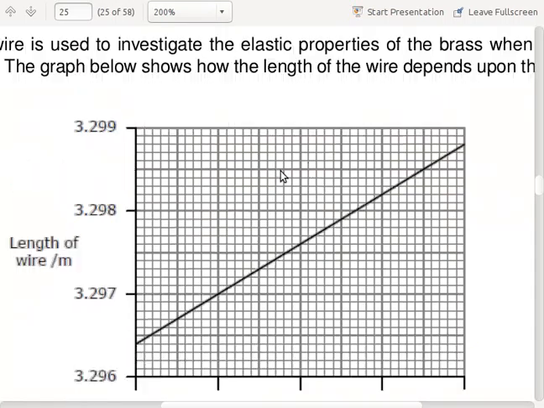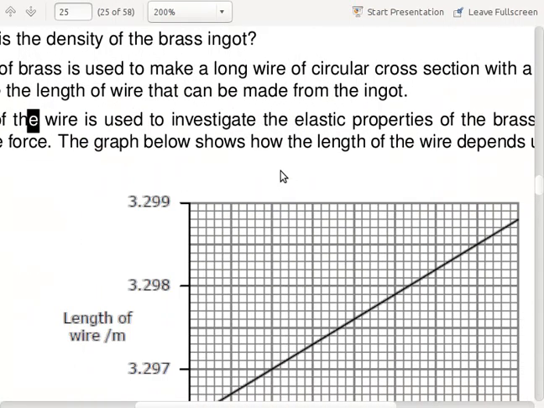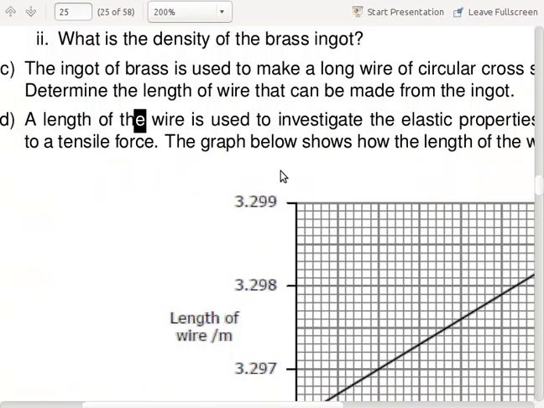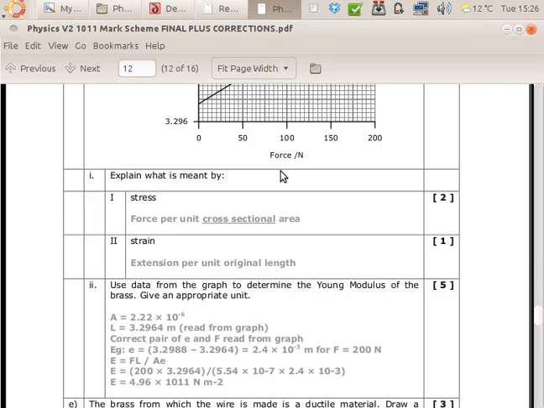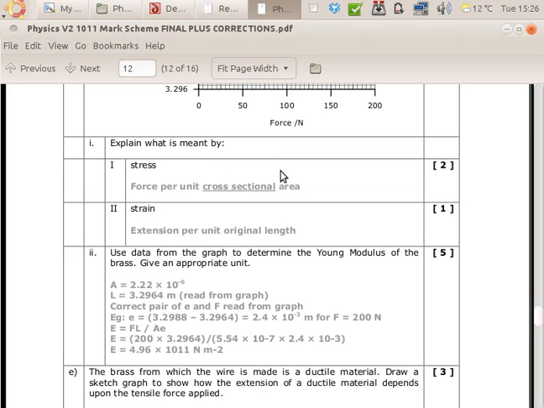I'd be really annoyed if they give me the area as well. Now look. Possible for A to be equal to 1.